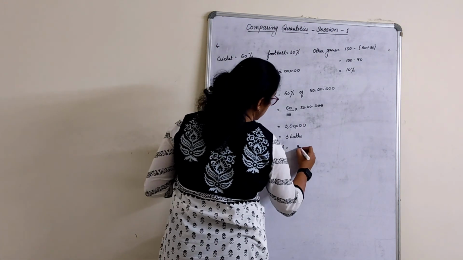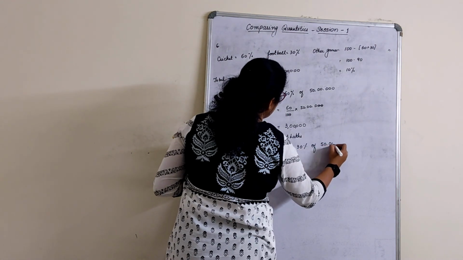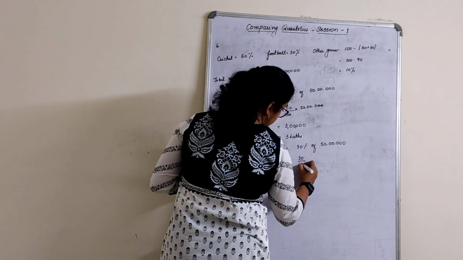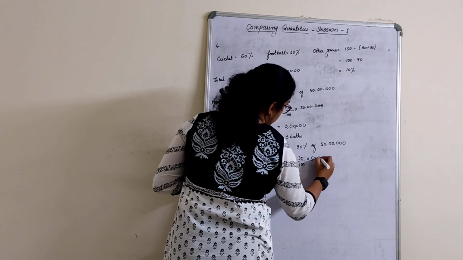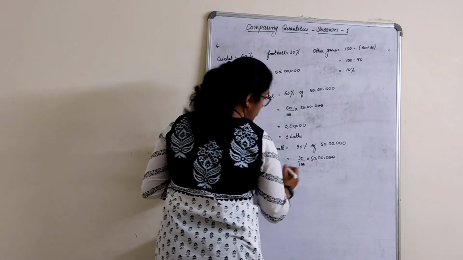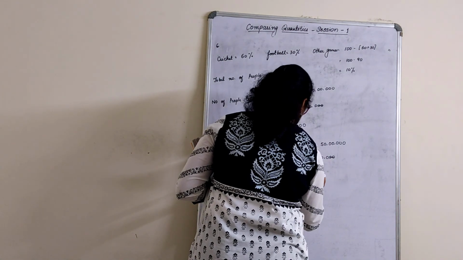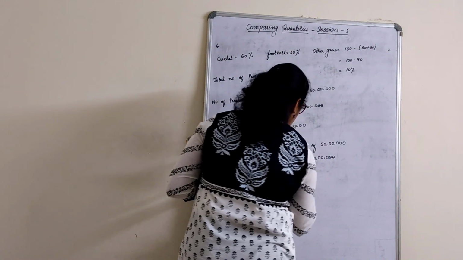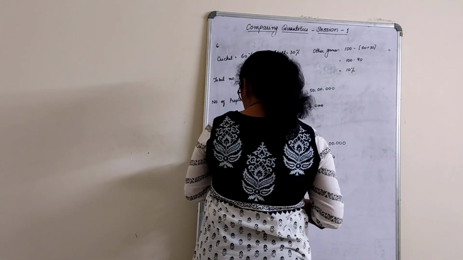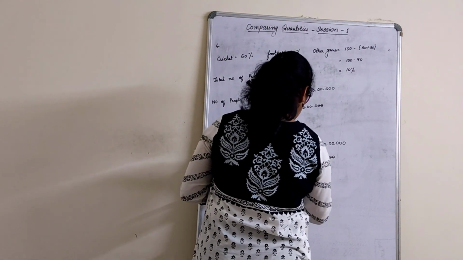How many? 30%. 30% of 50 lakh. 30 by 100, 2 zeros, 2 zeros. 3 5s are 15.